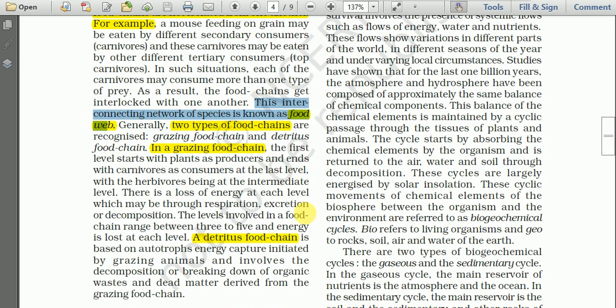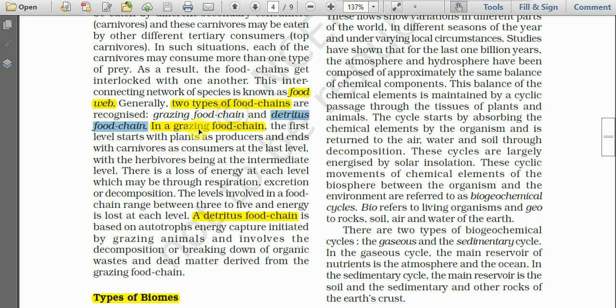Generally, two types of food chains are recognized. We have two important types: the grazing food chain, and another one is the detritus food chain. So what are these? Let us read.